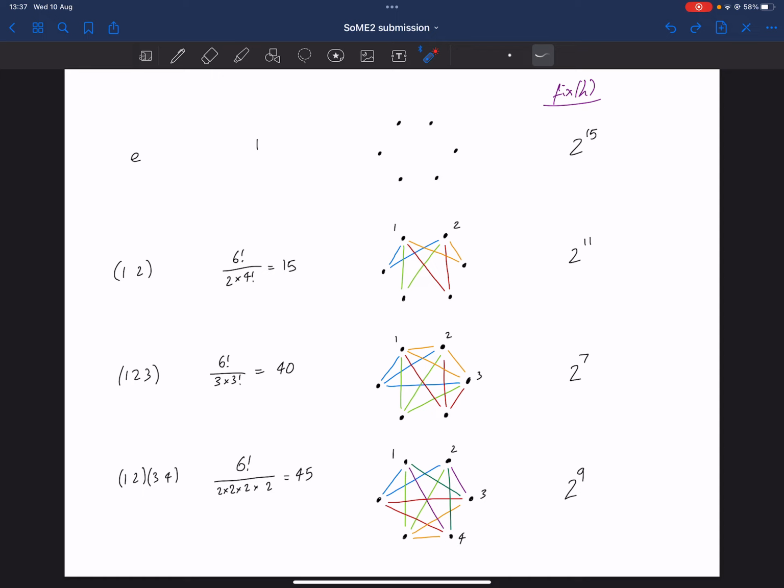Alright, so what does that mean when we are thinking about which colourings, which elements of A, are fixed by the permutation 1, 2? When we swap this vertex 1 with this vertex 2, any edge from any other vertex to vertex 1 will be mapped onto the edge from that vertex to vertex 2.